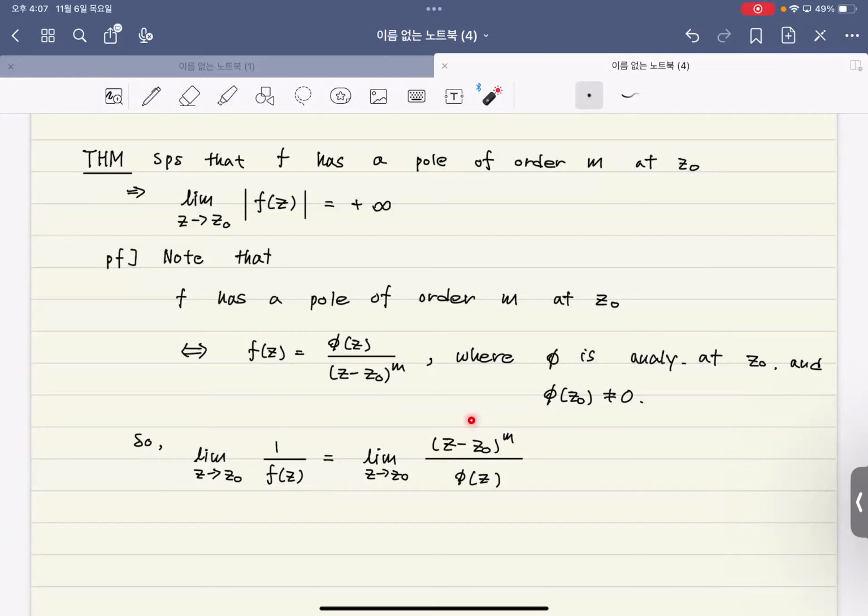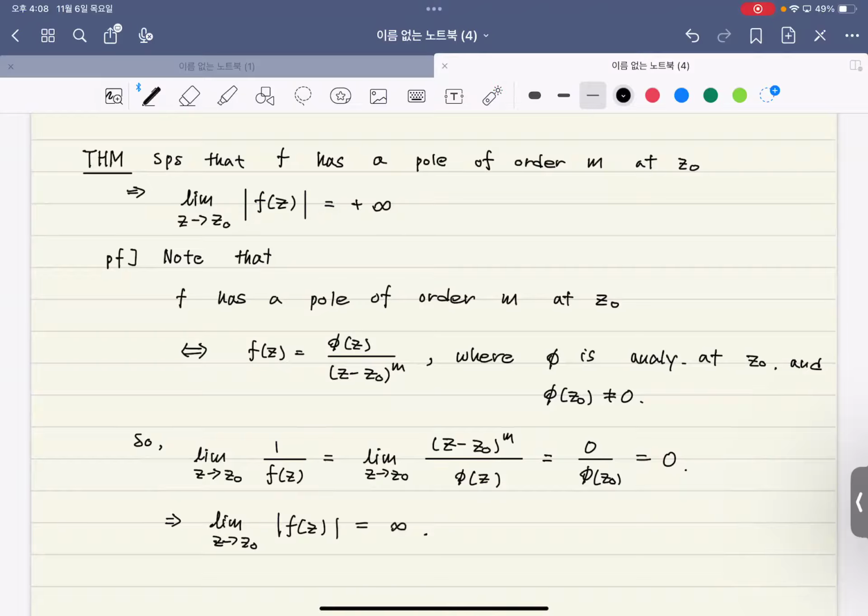Since this is analytic and this is continuous, this is also continuous. So this turns out to equal 0. Since 1 over f of z tends to 0 as z tends to z0, therefore it is an easy exercise to show that f goes to positive infinity.